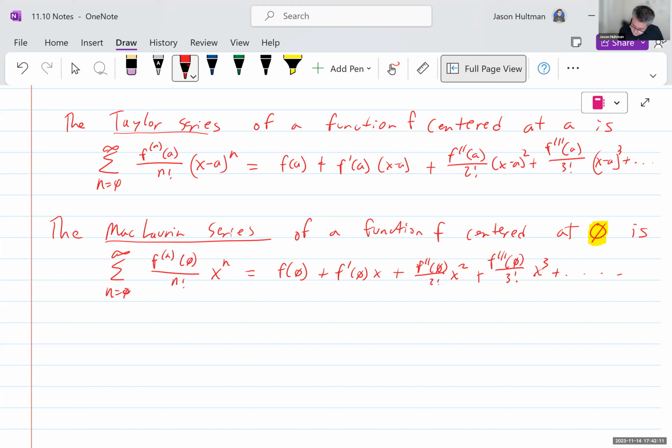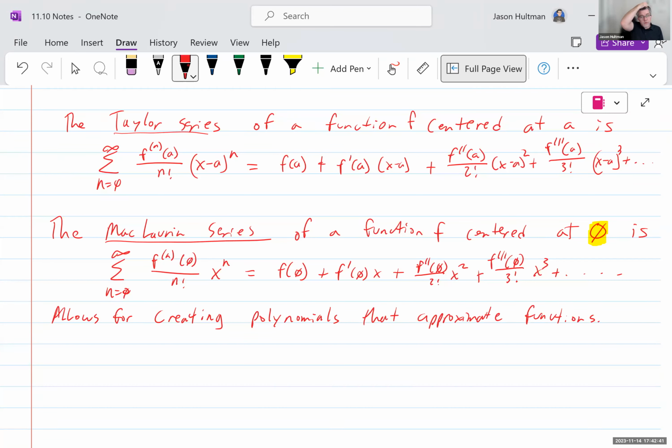Okay. So what this allows us to do is this is very good at creating, allows for creating polynomials that approximate functions.